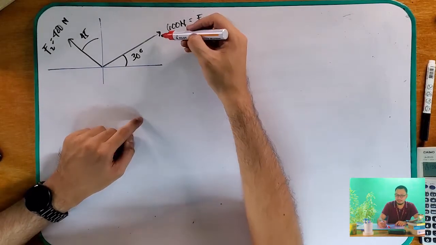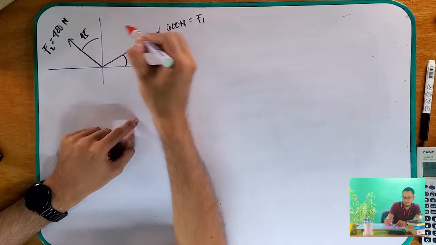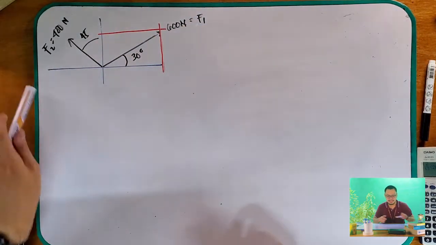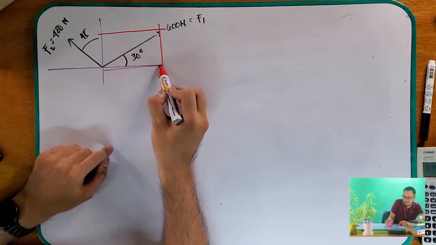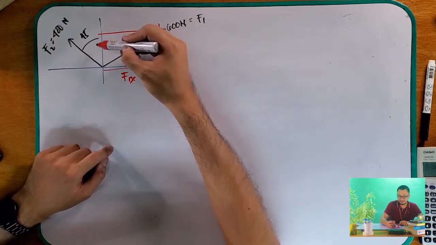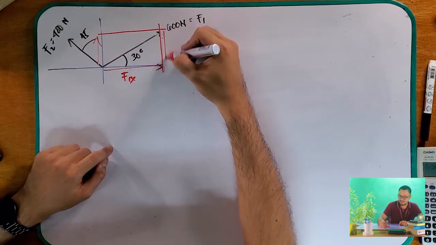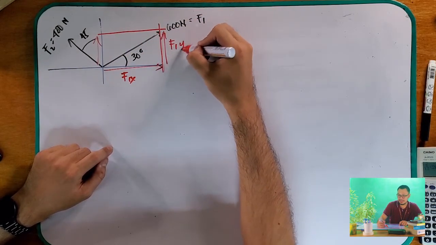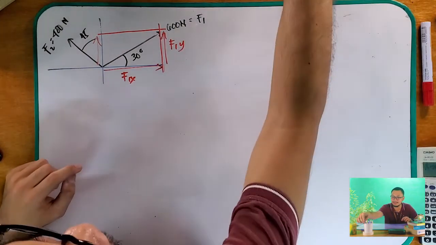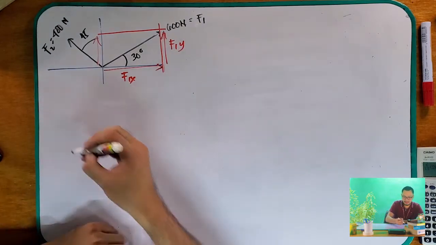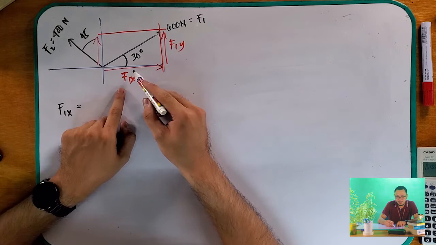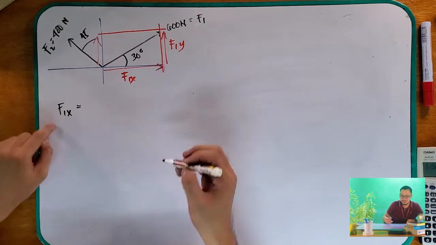So, una ta diri sa F1. Again, maghimo gyapon ko og parallel lines, and you will know that this is your F1x and this is your F1y. Okay? So, ato i-solve ang F1x ug F1y. F1x is equal to, saan man ni?